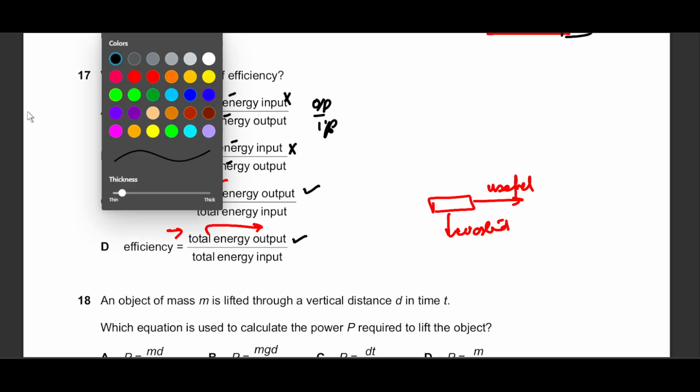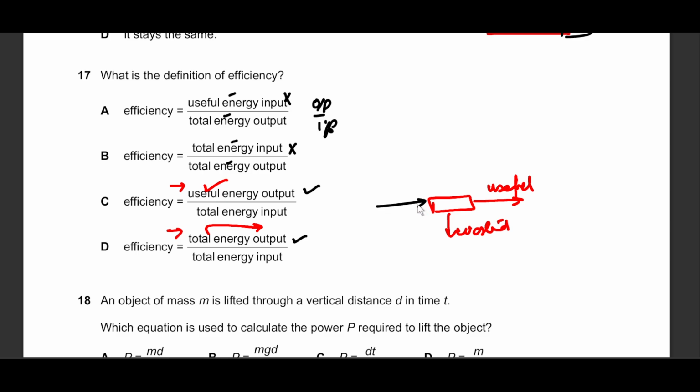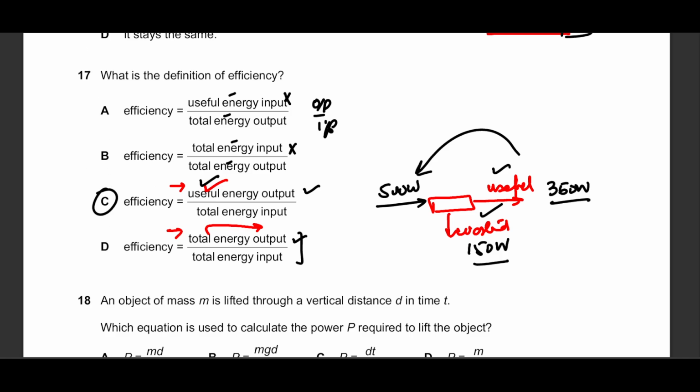According to the law of conservation of energy, whatever energy or power I invest into the machine, let's say 500 watts for the sake of example, and the useful output is, let's say, 350 watts, then the wasted output is 150 watts. These are all outputs. If I add them together, it again becomes the total input. So this answer will always be 100%. It's not right. It's always supposed to be useful divided by the total input, right? Okay.